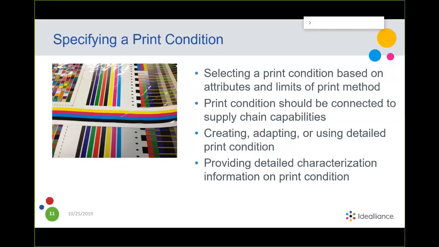But the main idea is we're picking that print condition based on the type of printing that we're doing and based on what our supply chain can do. The second thing is we have to pick a print condition that connects to what the supply chain has for capabilities.